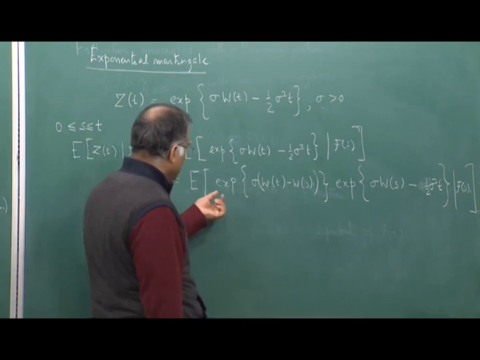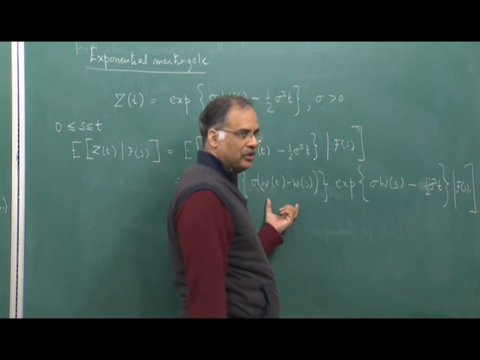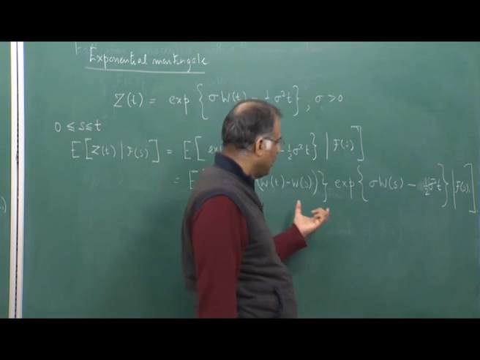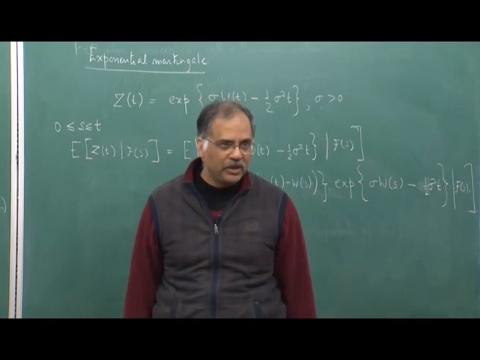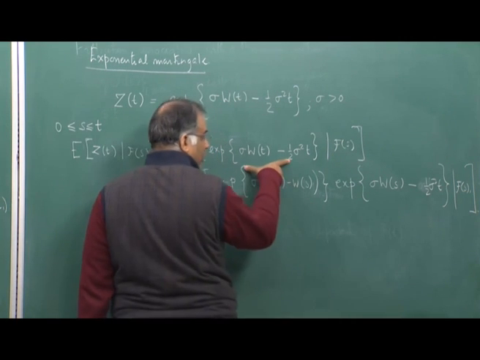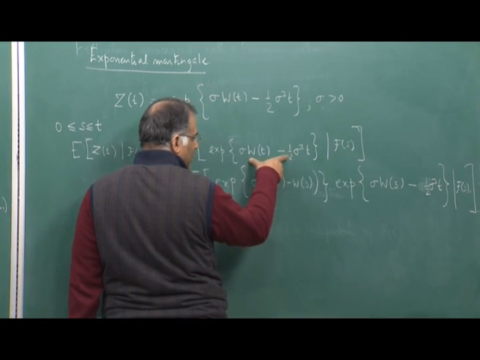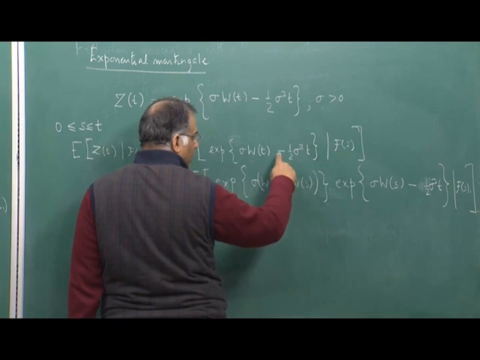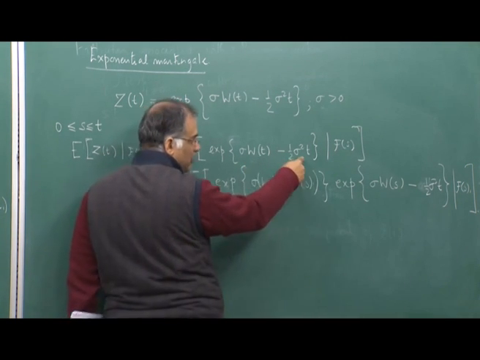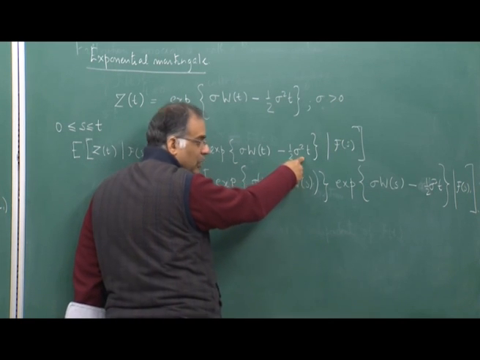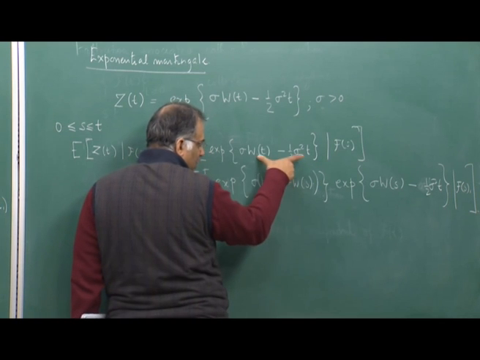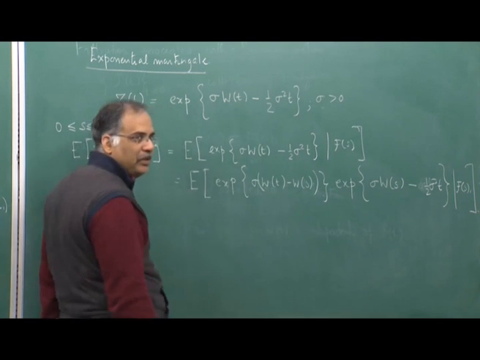So, this exponential function will be integrable, and this exponential function would also be integrable. At the end, if you look at this part, this has mean minus half sigma square t, because this mean is 0 and this exponential is nothing but a constant. So, this is a thing with finite mean.